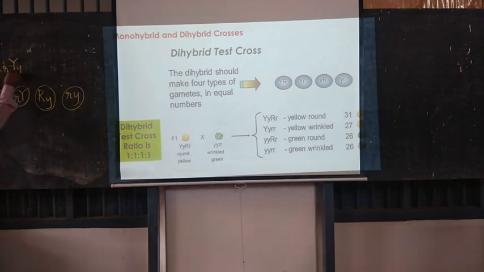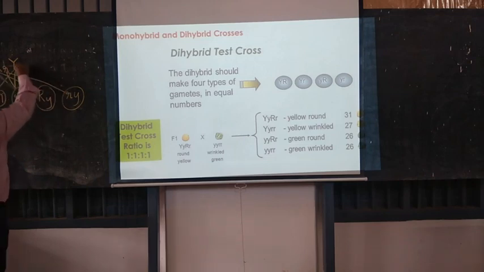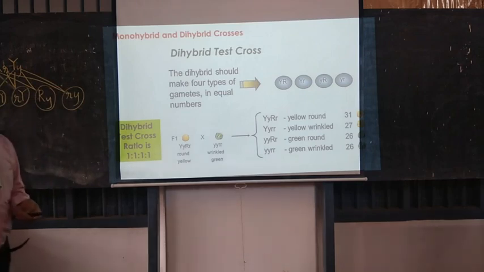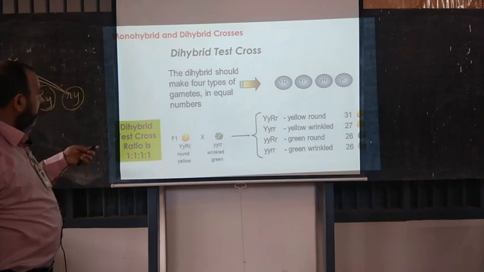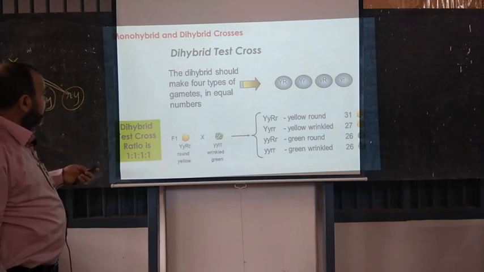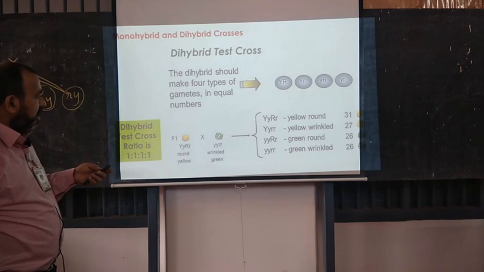Because combinations can be like this. So 4 types of gametes are produced as a result of meiosis when we consider a dihybrid cross.